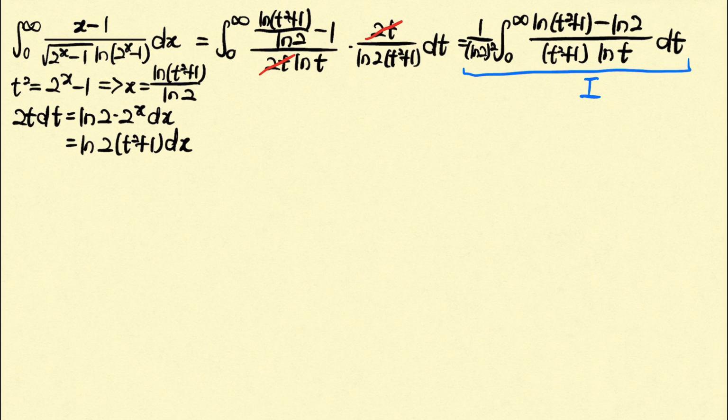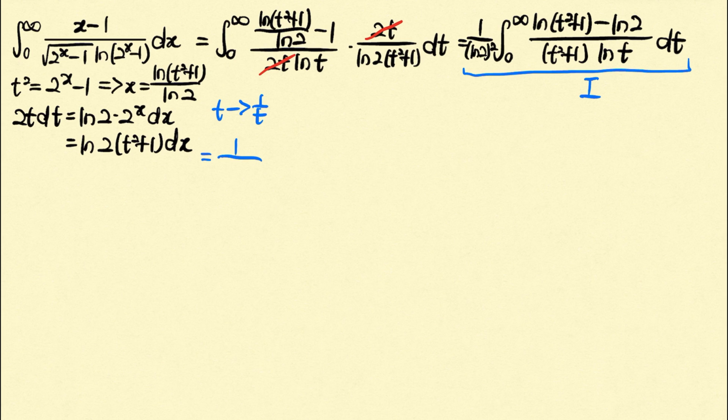And then we shall perform another substitution on this integral I, by letting t be 1 over t. By doing this, well, this is an exercise for you to figure out.